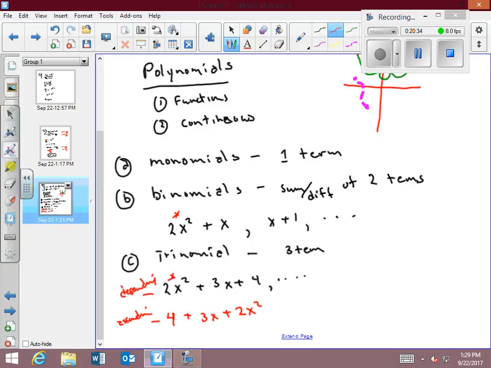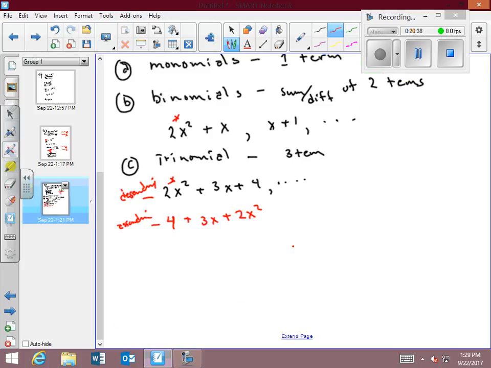Now, another terminology that we will use is the numerical coefficient. Numerical coefficient is the real number that is in a term.